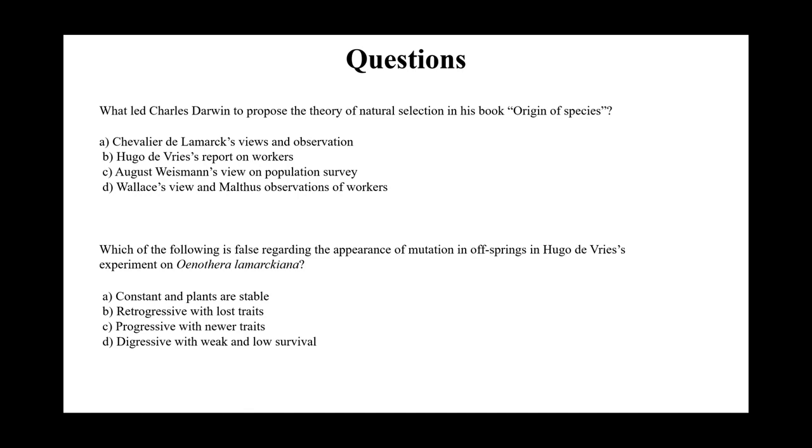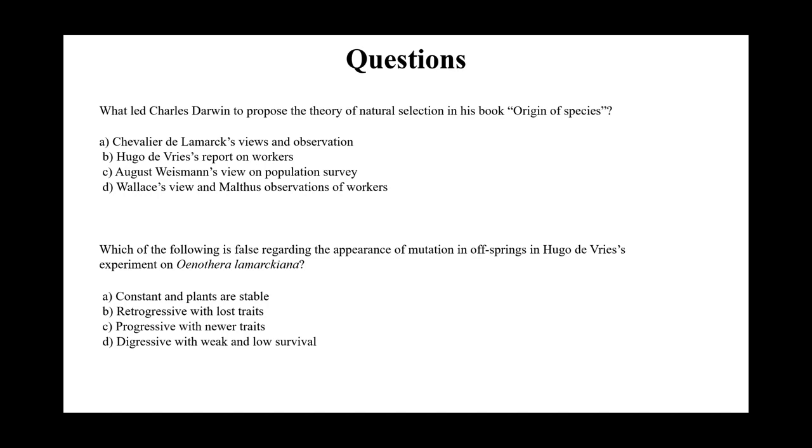So the first one was easier because I had just explained this. The second one said which one is false for the mutation theory. Remember, de Vries said that mutation arises and that is the raw material for evolution. The second is retrogressive with lost trait, so you can lose a trait due to mutation. Third says you can gain a new trait with mutation, and both of these are possible because mutation doesn't have a specification or a direction.